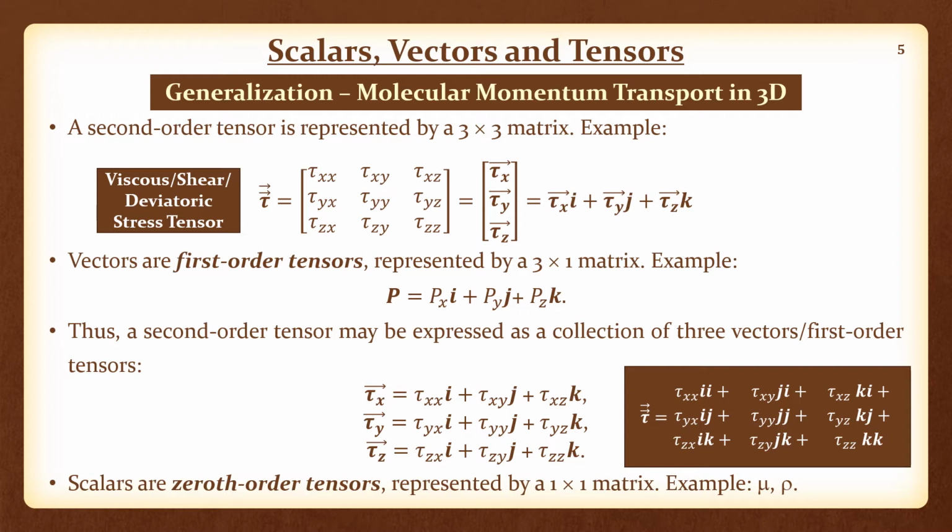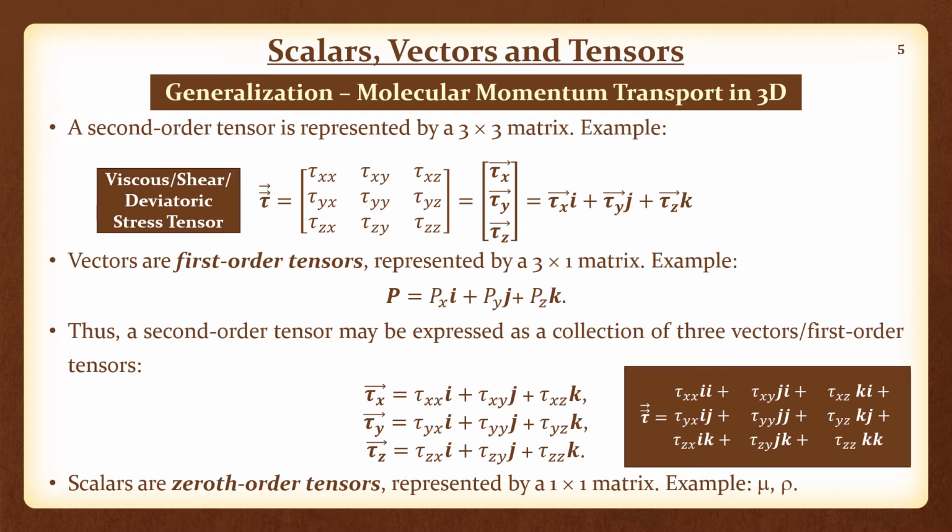Okay, so I hope you understand the relationship between the second order tensors and the first order tensors, which are vectors. So then what are scalars? Scalars are simply zeroth order tensors, which is represented by a 1 by 1 matrix, which is basically a single entity. So if you look at it, a second order tensor has 3 entries, each of which is a vector.